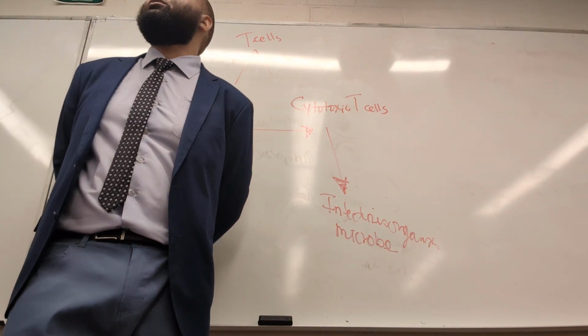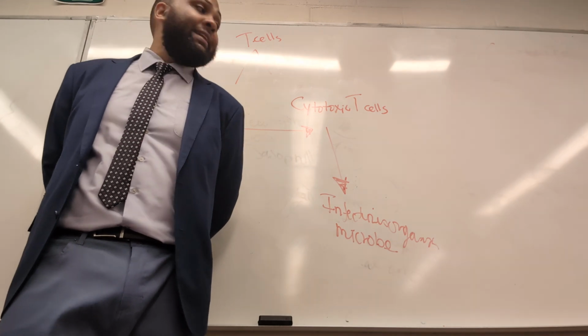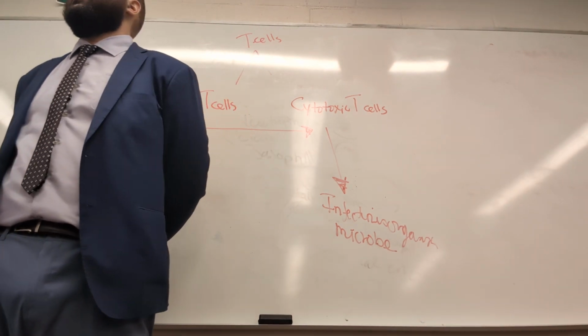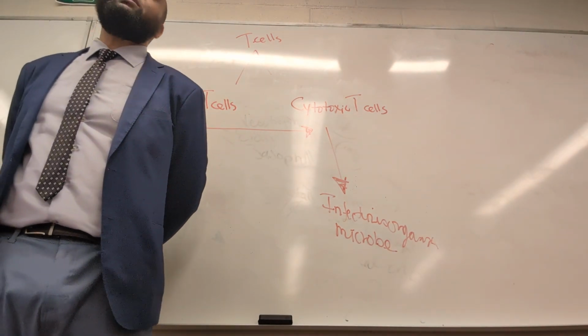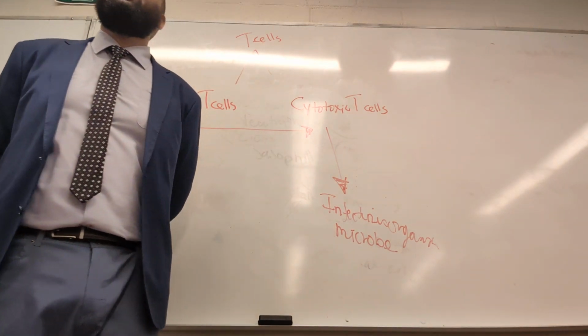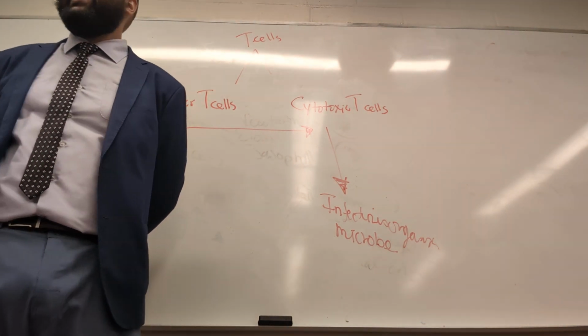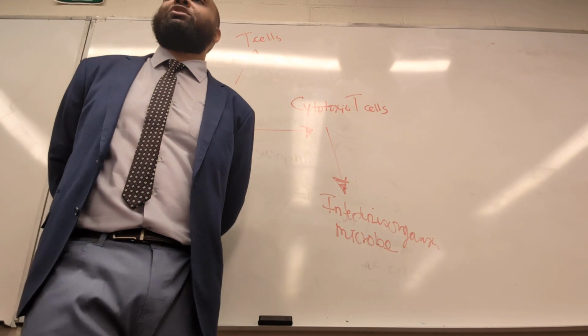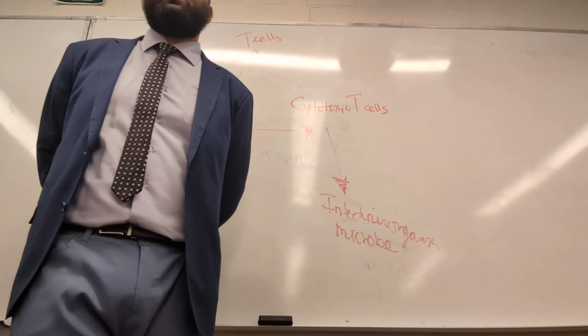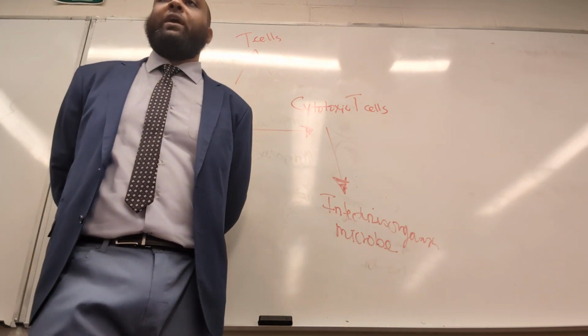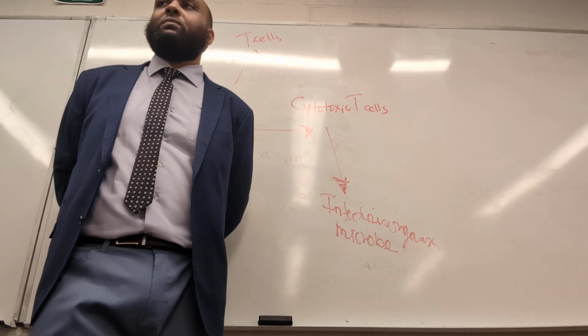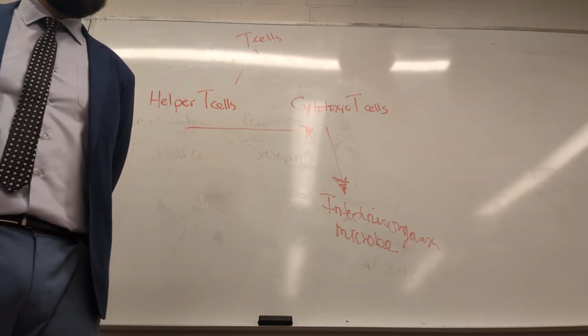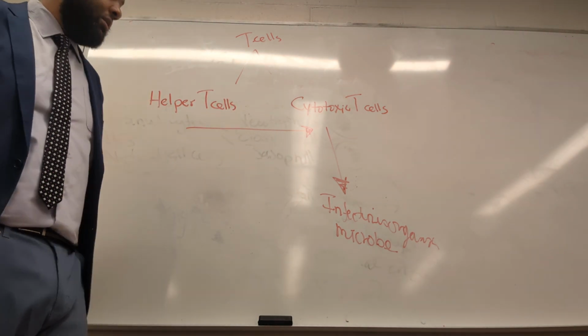Who is your immune system using to do that? It's those T cells. The T cells are the ones implicated in the destruction of your tissue. Okay? Any questions? Infectious organisms, microbes.